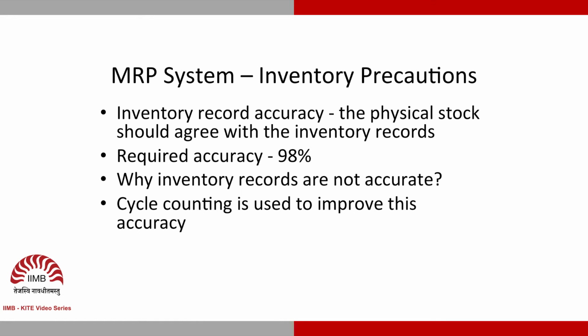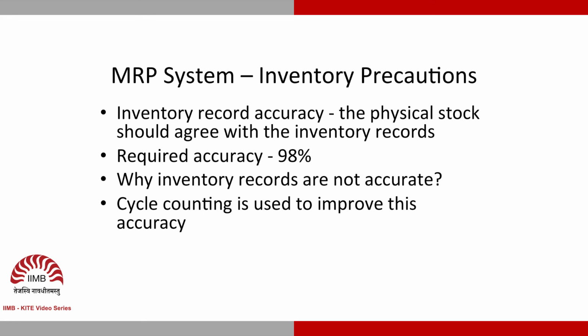So, the percentage of items that we are randomly choosing from the inventory for cycle counting purpose and the frequency at which we are doing the cycle counting progressively get changed as and when we improve the inventory record accuracy.